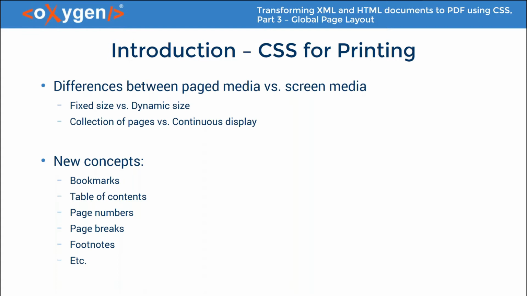When you set a fixed page size, it implies that a collection of pages will be created, when on the other hand, on a browser, you will have a continuous display simply loaded once. Also, printing a document involves additional concepts like the bookmarks, the table of contents, the page numbering, page breaks, etc.